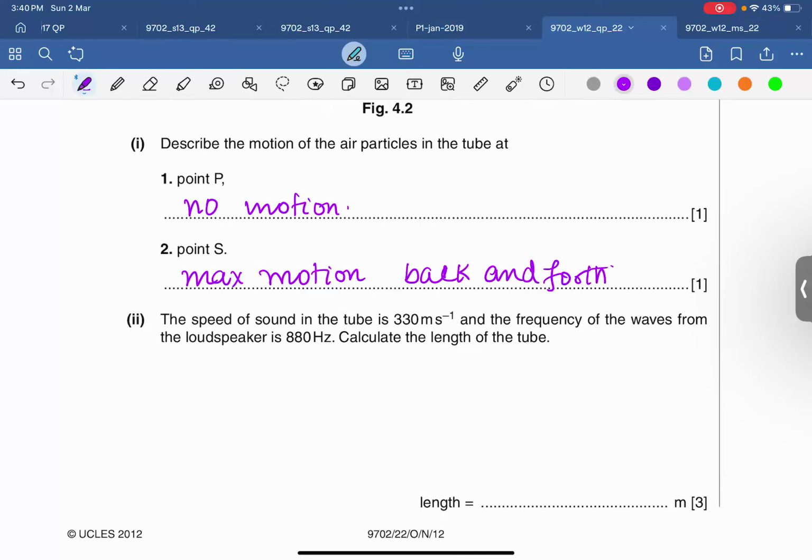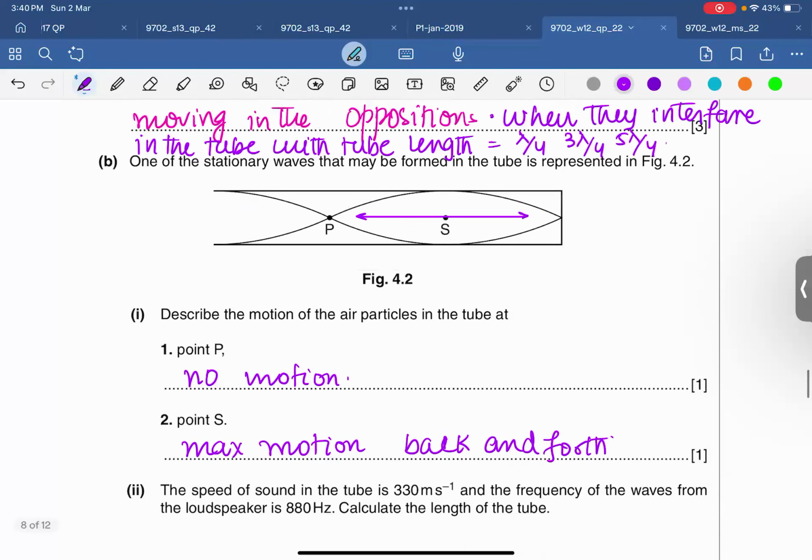So what if there was a point in the antinode? This is a point. This is the antinode point, so this is maximum displacement.